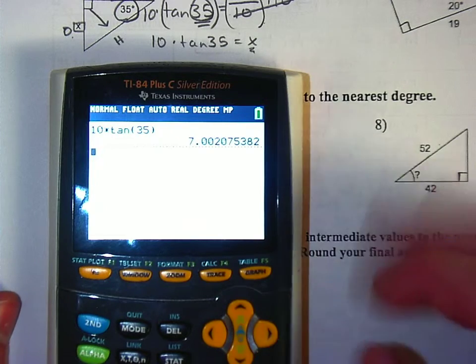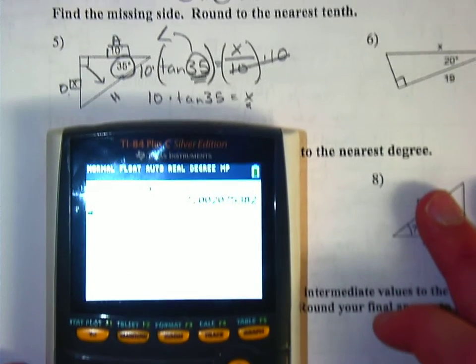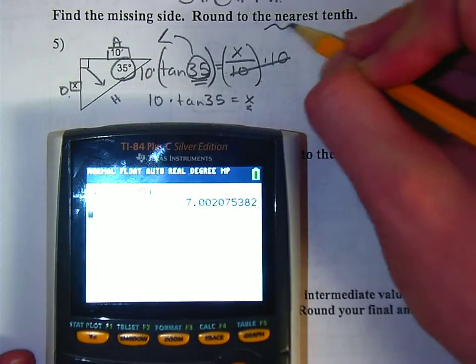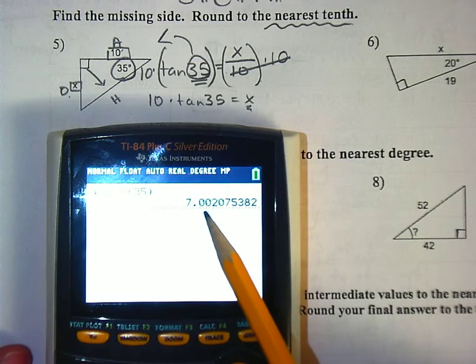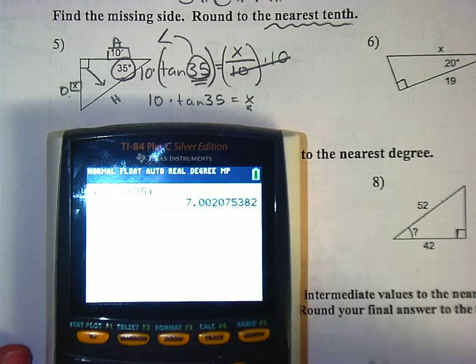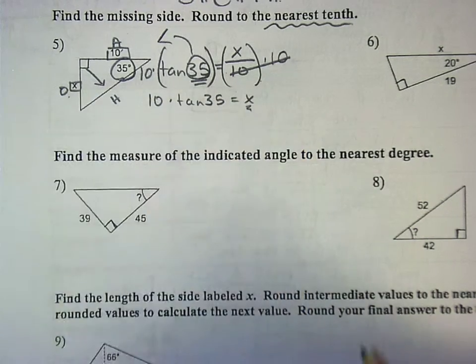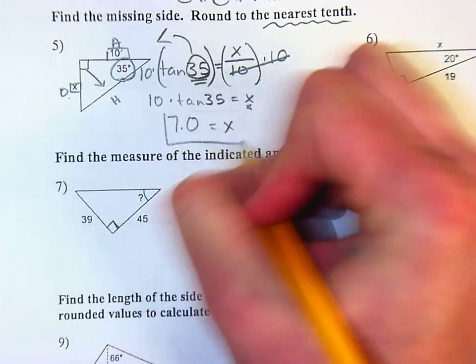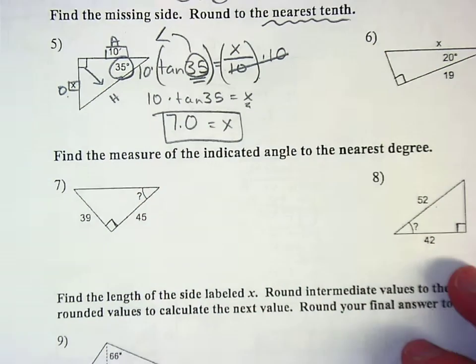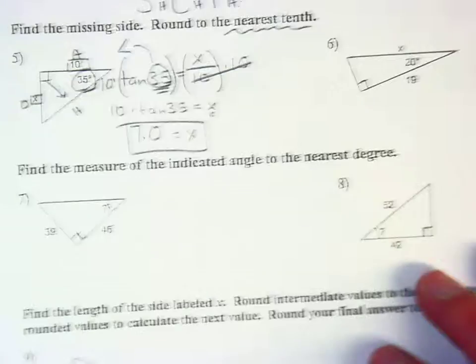And that's my answer, 7.0. They want us to round to the nearest tenth. The tenth place is 1 after the decimal, so the nearest tenth would be 7.0. We don't have units, so we don't have to put units.